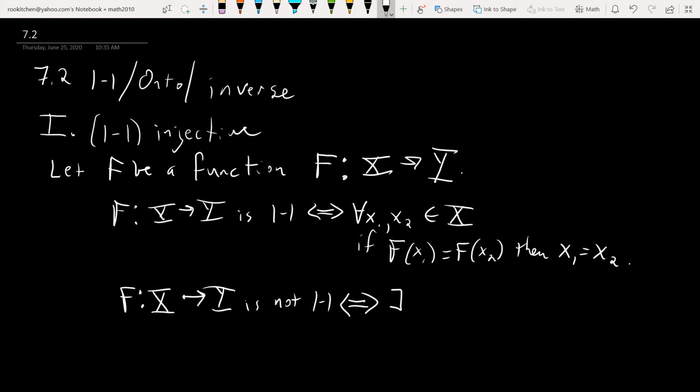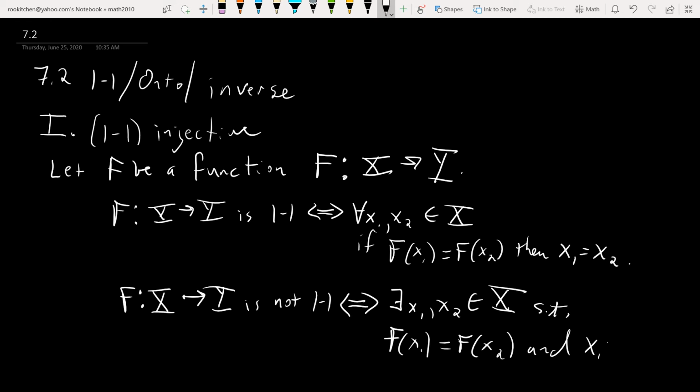So there exists x1, x2 in the set X, and you change the implication into an and with a not on it, such that F of x1 equals F of x2, and x1 is not equal to x2.